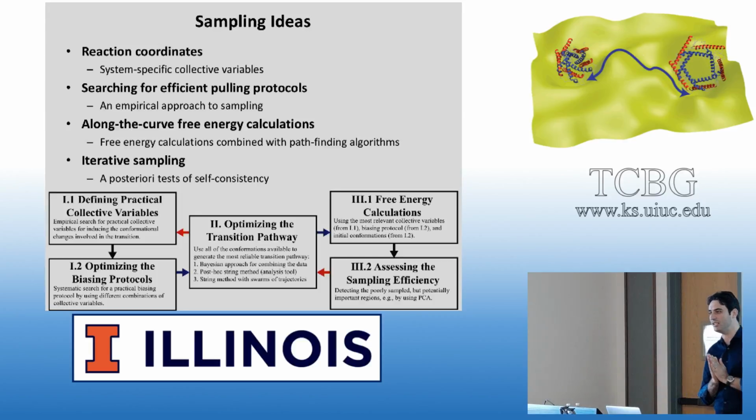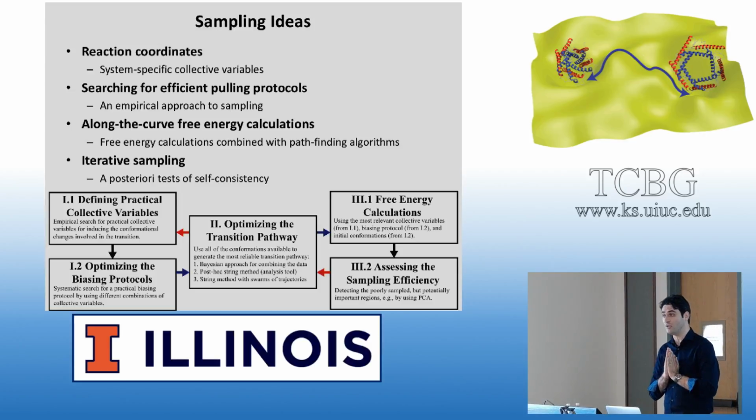My idea is if you choose the right collective variables, it's going to be a lot cheaper to do the free energy calculations at the end, because they converge faster and give you results that pass all those checks. If you don't use the right collective variables, it may never converge, or it may never pass those tests. So I can give you examples.